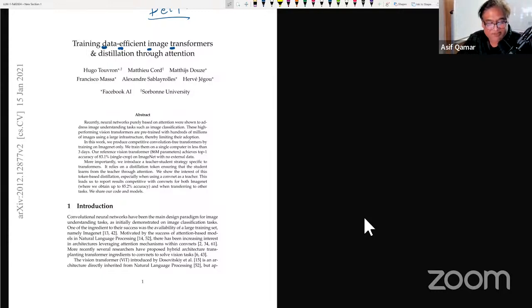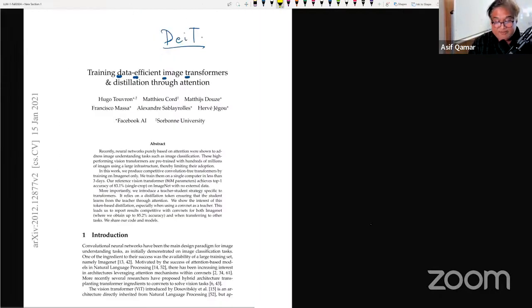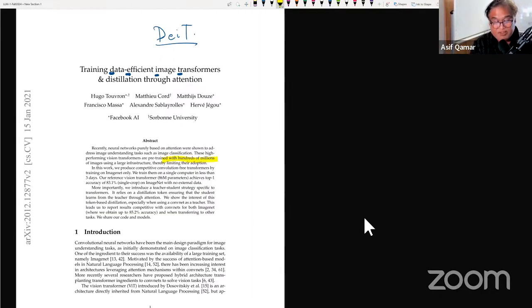These high-performing vision transformers, so nowadays you call them vision transformers. Right? Vision transformers are pre-trained with hundreds of millions of images using a large infrastructure, thereby limiting their adoption. Yeah. So the problem is, it's very hard to train such models. What they politely don't say is, dude, you never gave us the images.